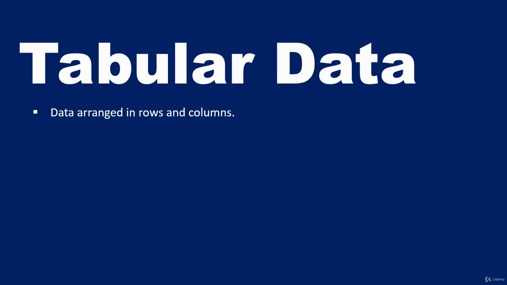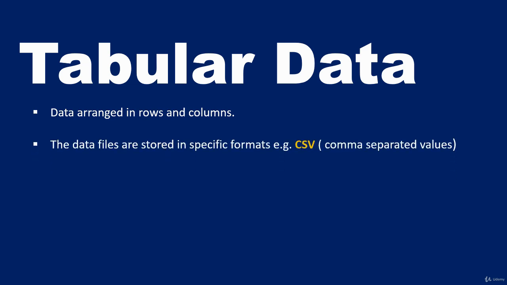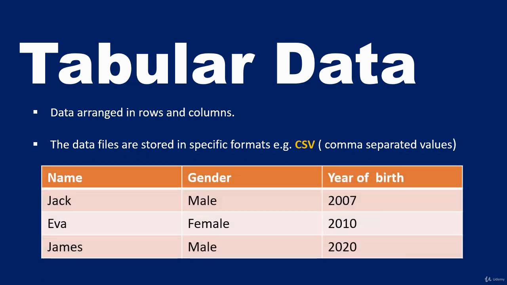One of the most common types of file formats for storing tabular data is called comma-separated values, also known as CSV files. So this is an example illustration of what a typical tabular data structure looks like. The data is arranged in rows and columns.